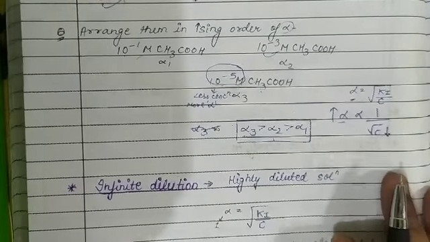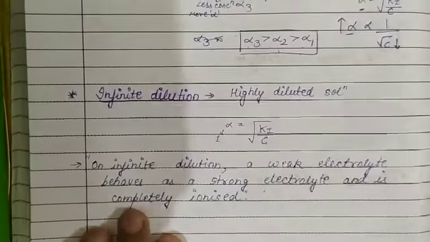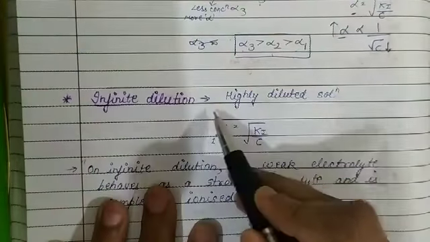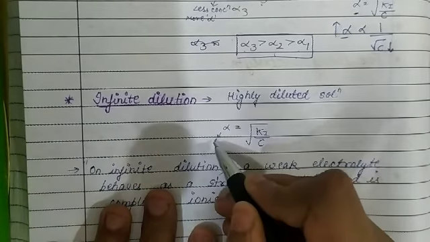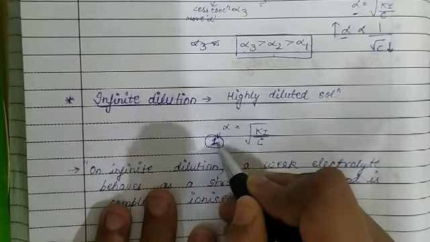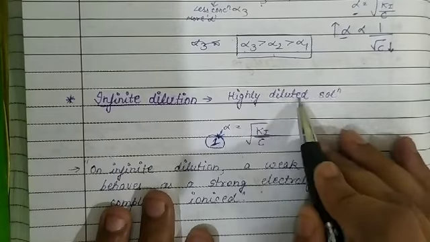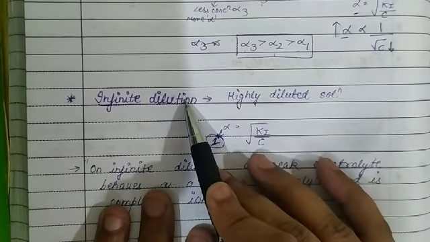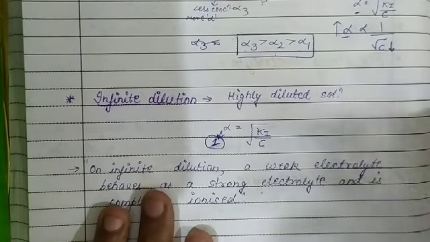Now we will study the case of infinite dilution. Infinite dilution means highly diluted solution. When solution is highly diluted, alpha will become nearly equal to 1, as for a strong electrolyte.